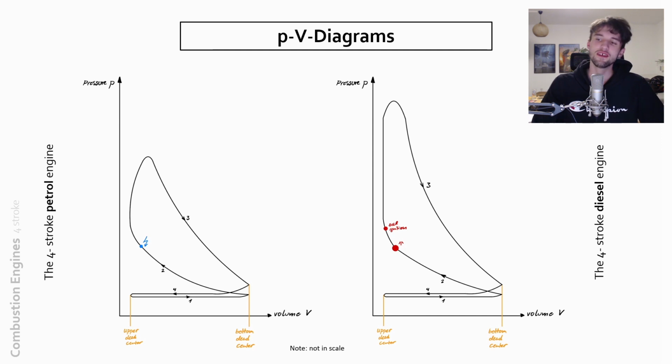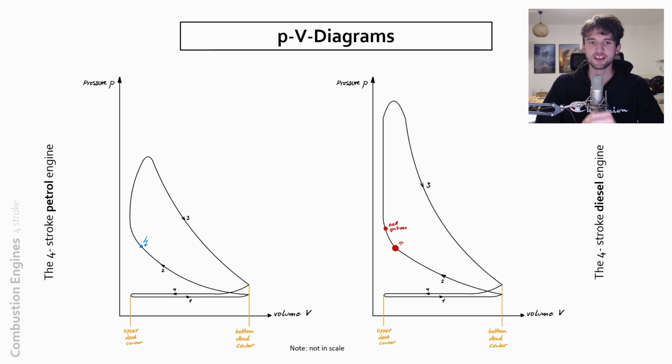In the diesel engine diagram there is a lot more pressure than in the petrol engine, and we can see that the highest pressure in the petrol engine is reached only when the piston already works its way down in stroke number 3.